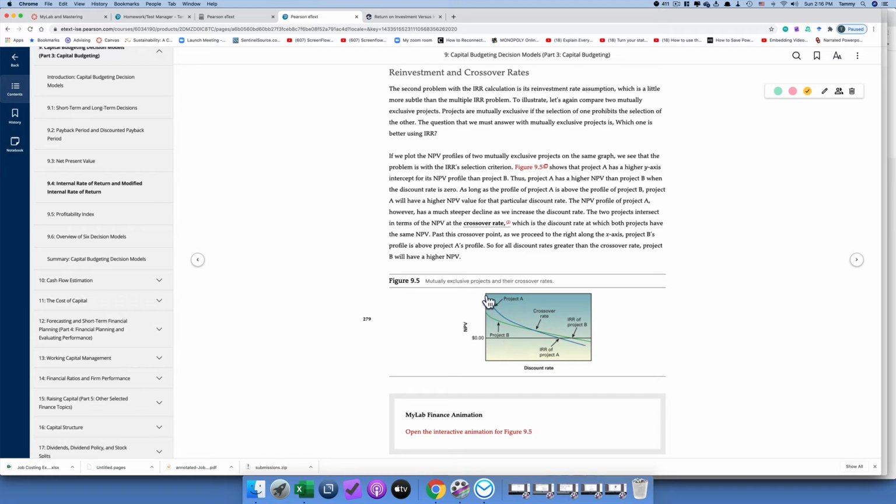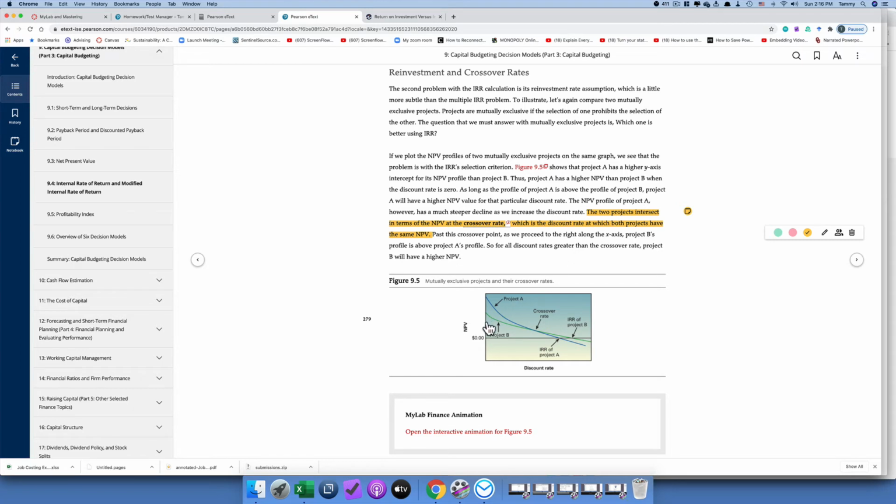If one project has a steeper net present value profile than another, they cross over, and that would be the discount rate at which both projects have the same NPV.